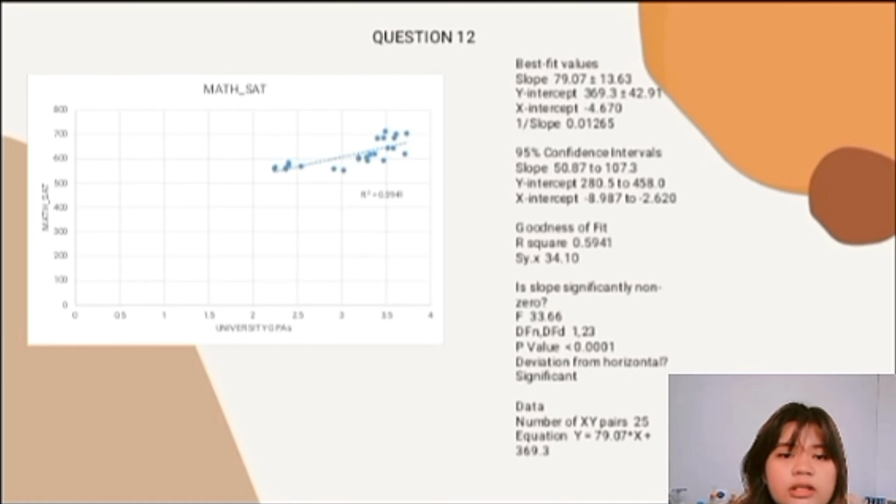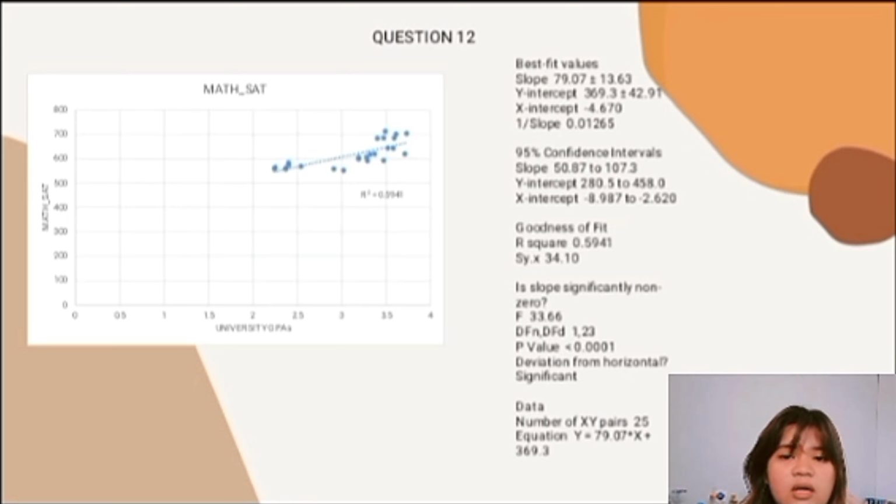For question 12, we need to find the regression line of the overall university GPA for math and English set score. In math set scores, you can see that this is the calculation of the regression line for best fit values, 95% confidence interval, goodness of fit, is slope significantly non-zero, and data.